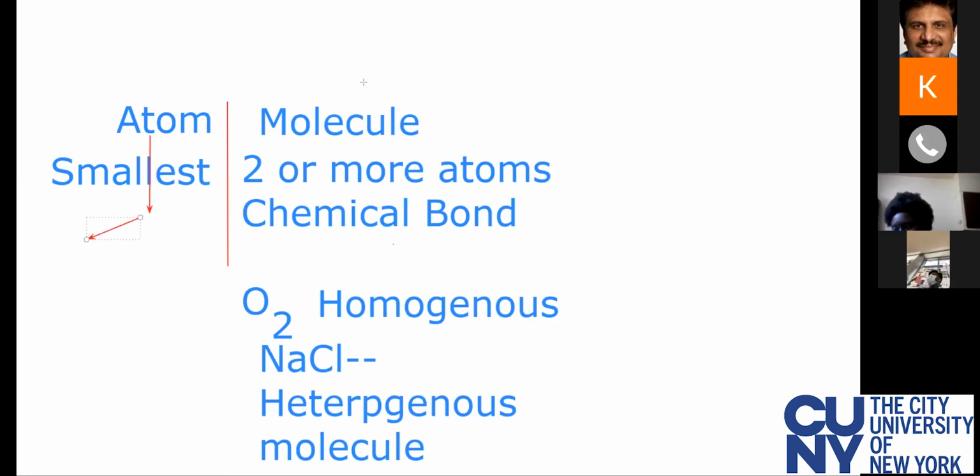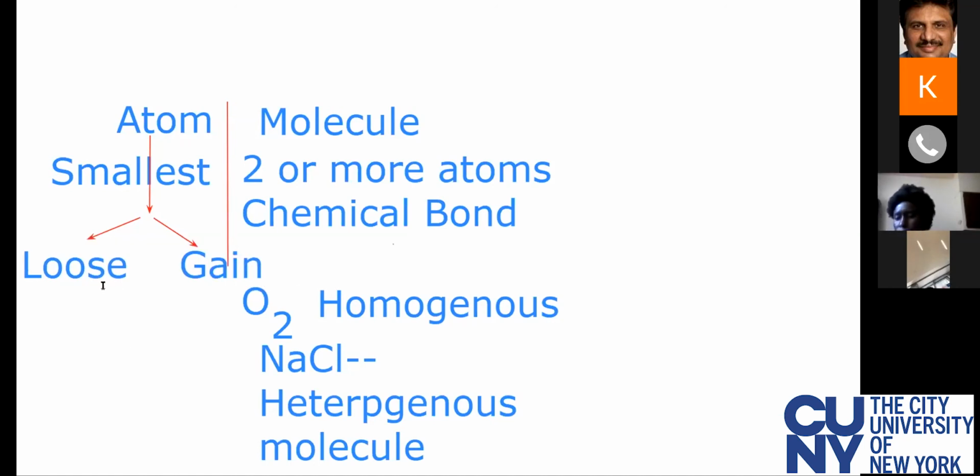Number 1 and number 2. In the number 1 situation, an atom can lose an electron. In the second situation, an atom can gain an electron.